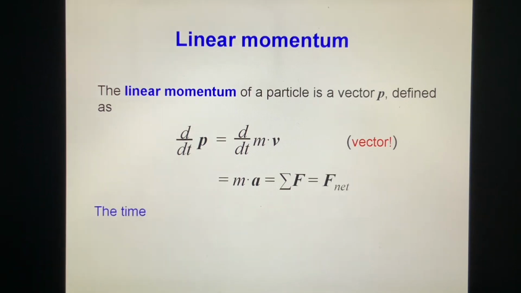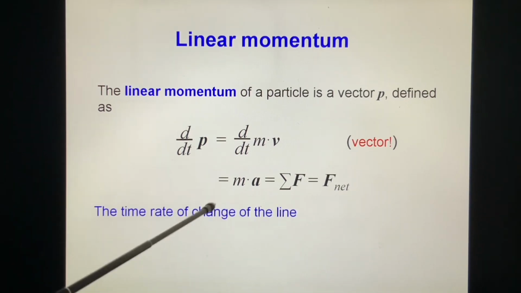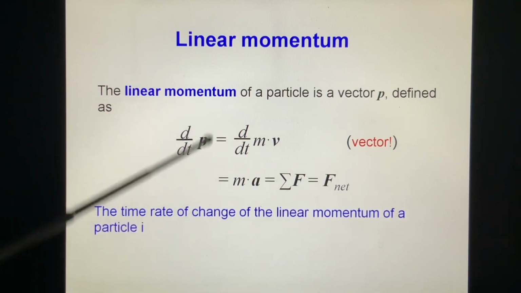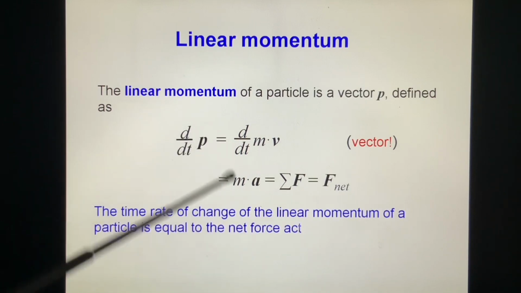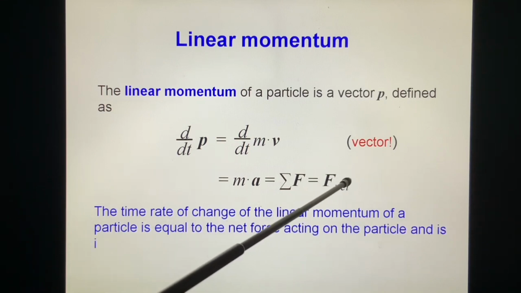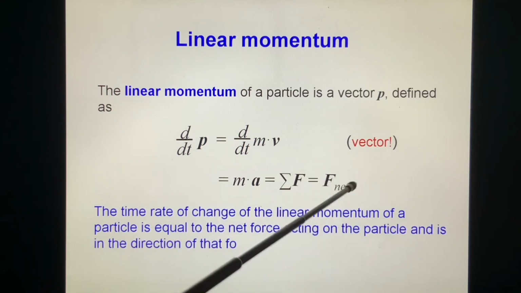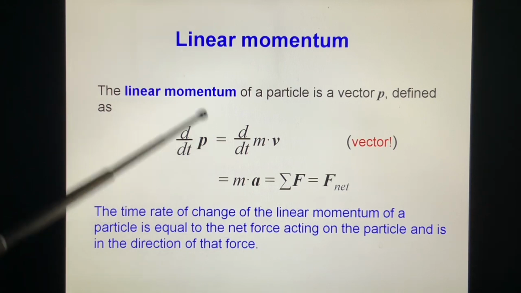What does this mean? This means the time rate of change of the linear momentum of a particle is equal to the net force acting on the particle, and it is in the direction of the force. This is fact 2.